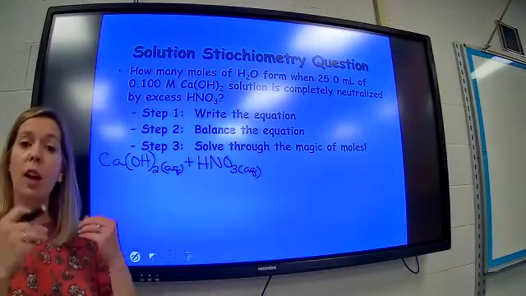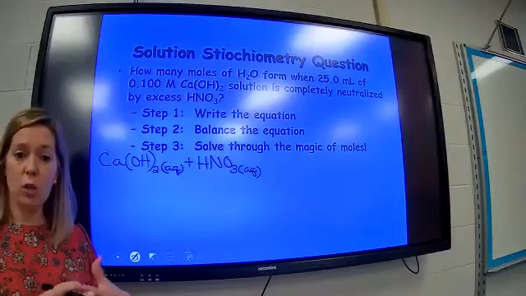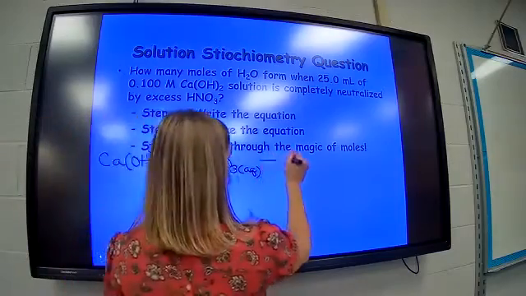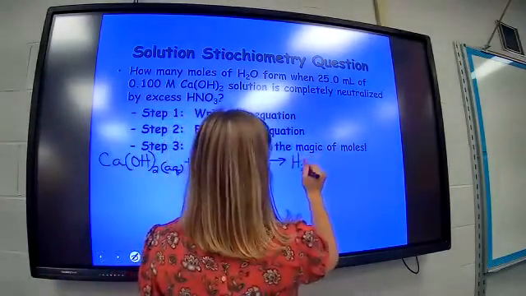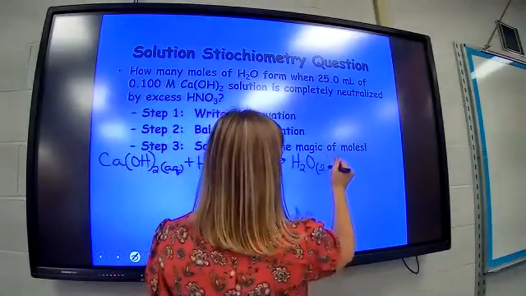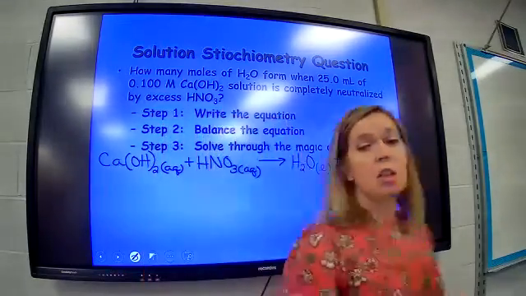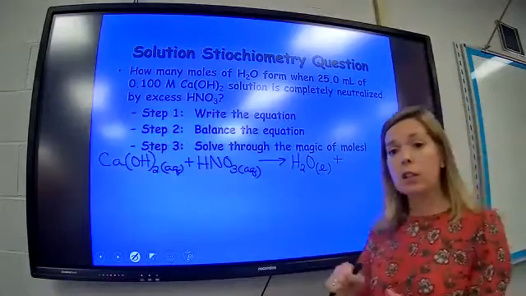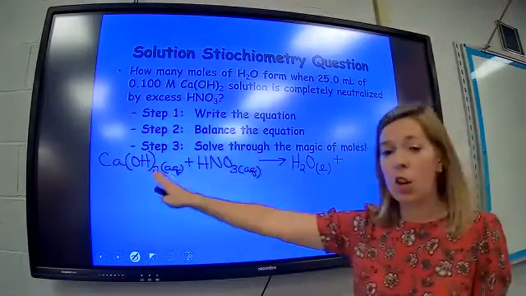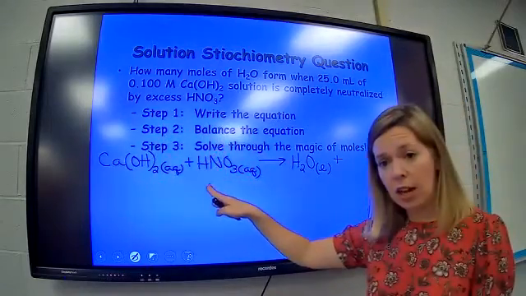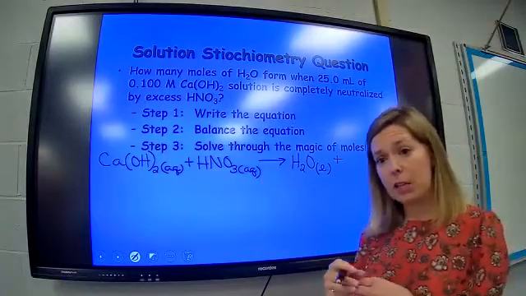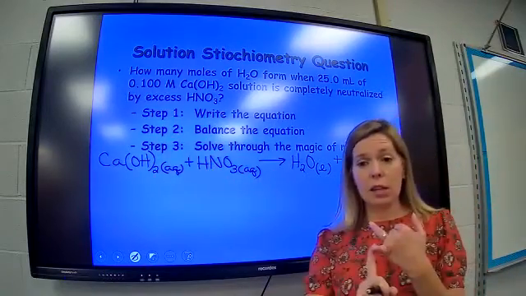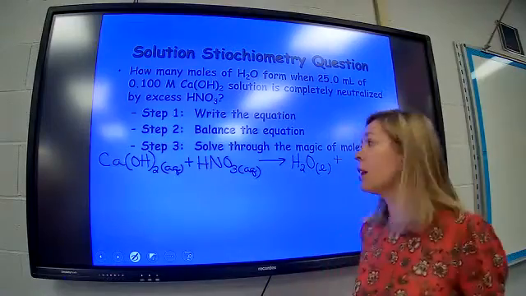Since we have an acid and a base, we have a neutralization reaction. So we are making water, which they actually already told us, and an ionic salt. The water is formed from the hydroxide ion from the base and the hydrogen ion from the acid combining to make the water. That leaves behind the calcium ion and the nitrate ion.